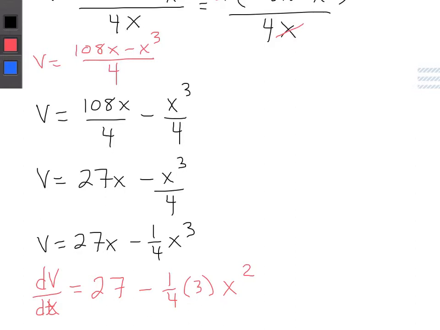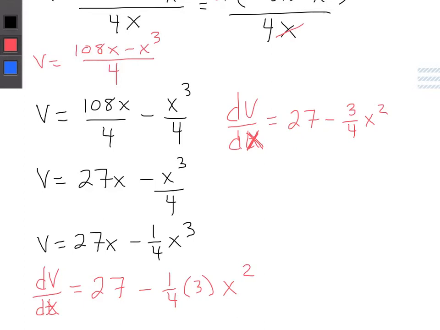And so I could rewrite that as dv over dx, because we're taking the derivative of the volume with respect to x, not t. I'm so used to related rates saying dt. Equals 27 minus 3/4 x squared.